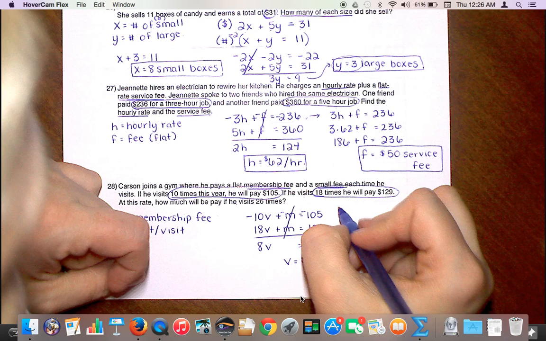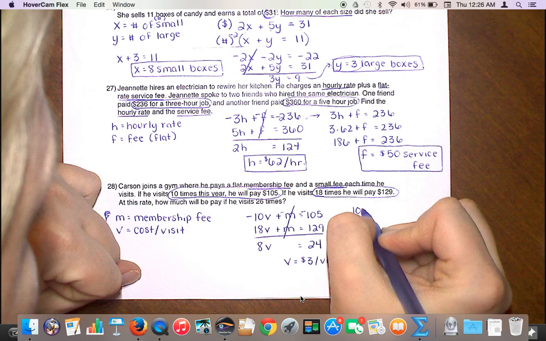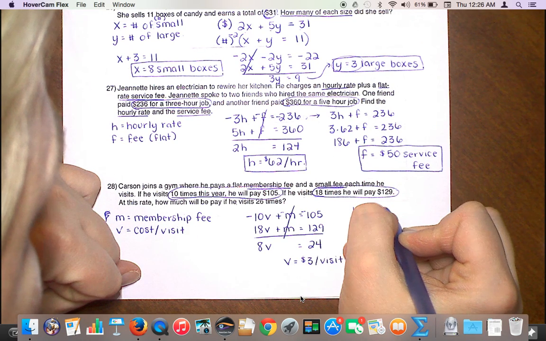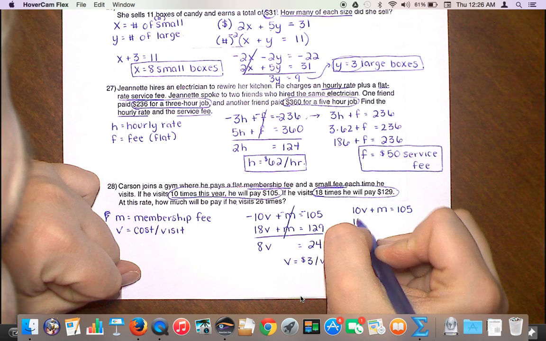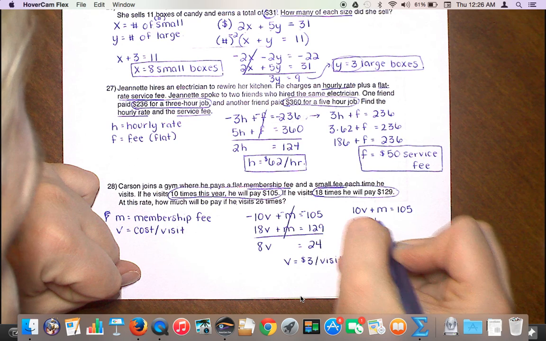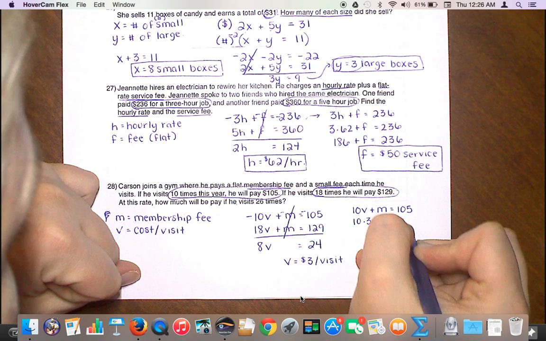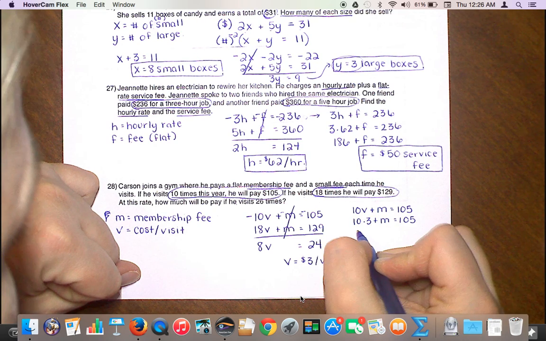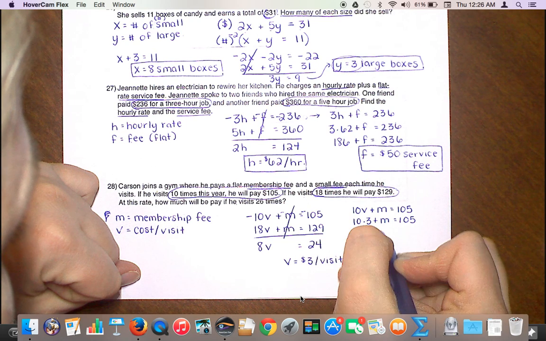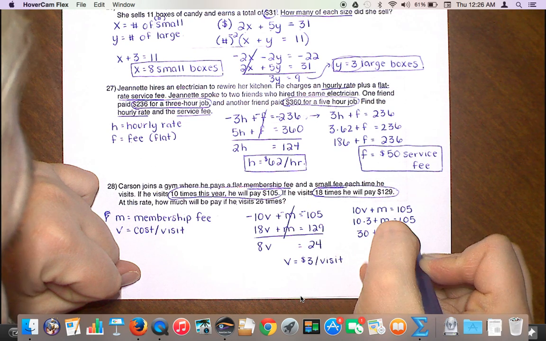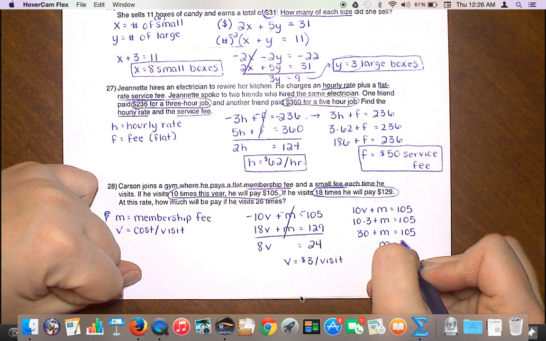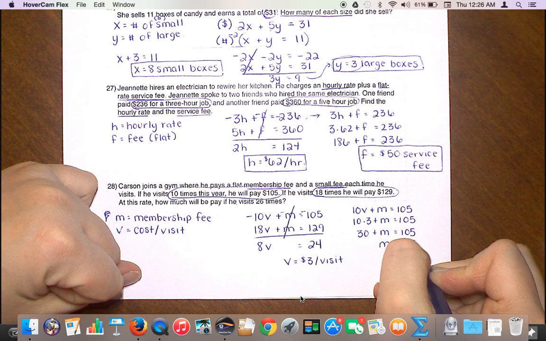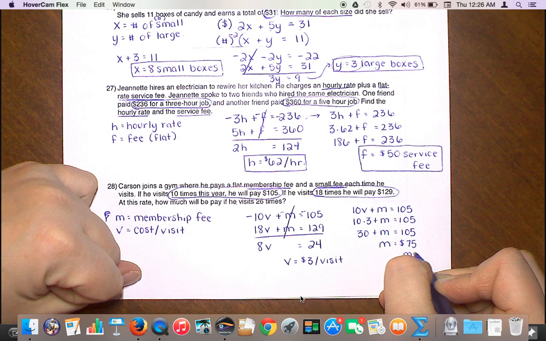Again, I think I'll go to this top equation before I made it all negative. So it used to look like this. So I'm going to say 10 times 3 plus m equals 105. 10 times 3 is really 30. If I subtract that 30 from each side, I get that M is equal to $75. And that's my membership fee.